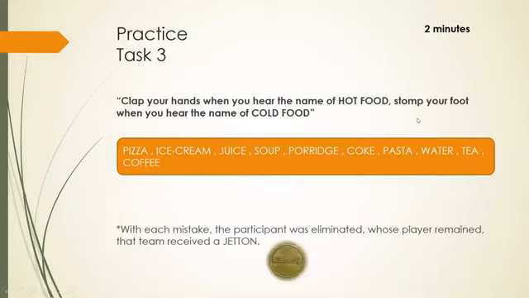The next step was a practice task. Pupils had to clap when they heard the name of hot food and stamp their feet when they heard the name of cold food. With each mistake, the participant was eliminated, and whichever team had a player remaining received a jeton.